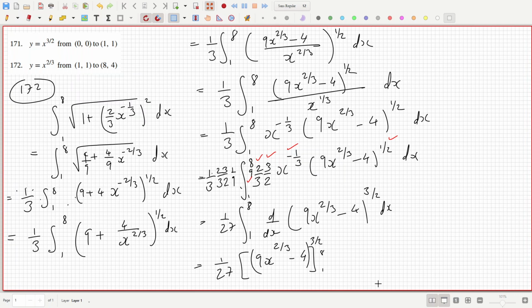Okay, 9 times 8 to the power 2/3 minus 4. That's 32, to the power 3 over 2. It's 181 though.